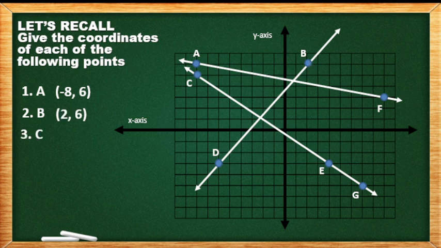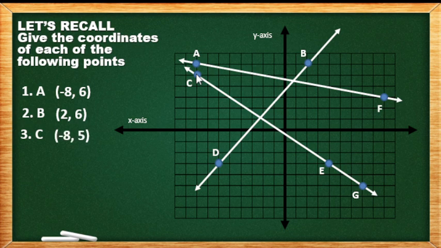And si point C, dito ulit, nasa quadrant 2, na kung saan ka-align niya si A. So, ibig sabihin yan, parehas tayo ng x. 1, 2, 3, 4, 5, 6, 7, 8. So, negative 8. Then, ang y, 1, 2, 3, 4, 5. So, we have negative 8 and 5.